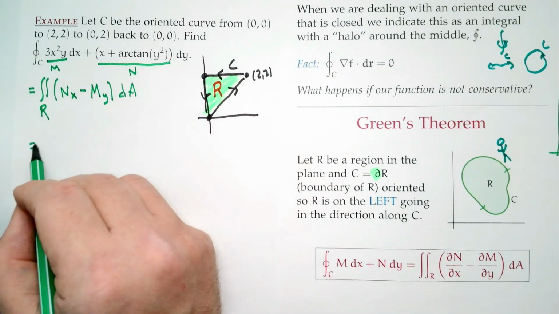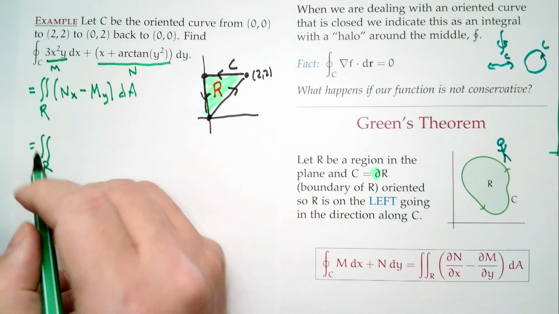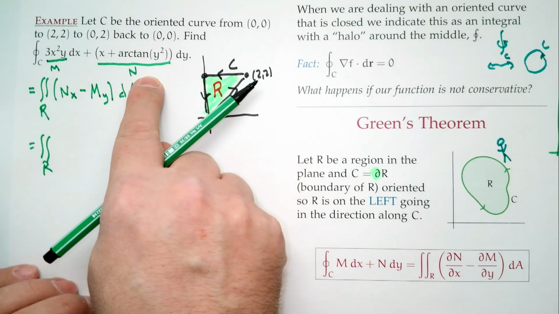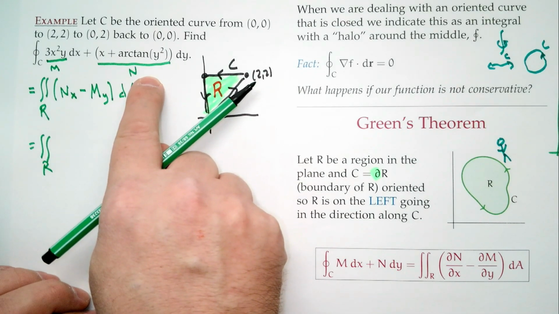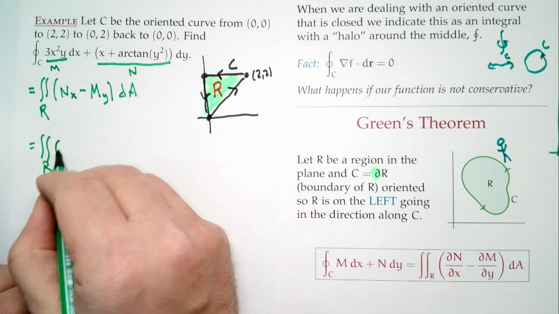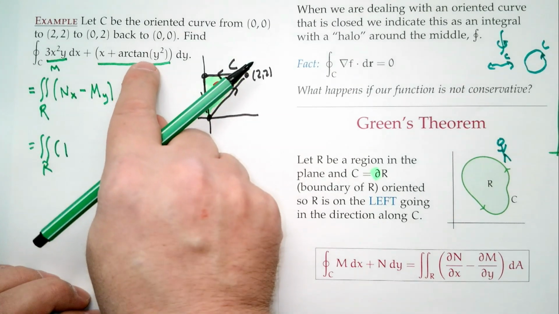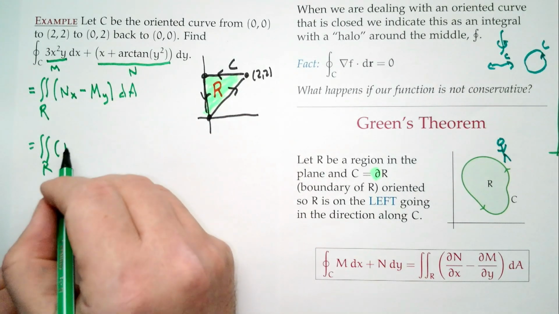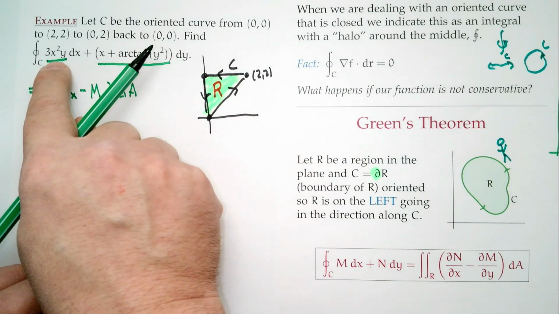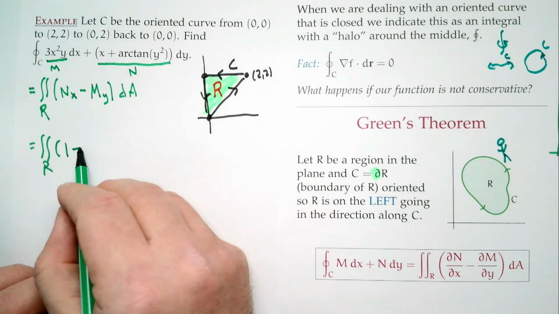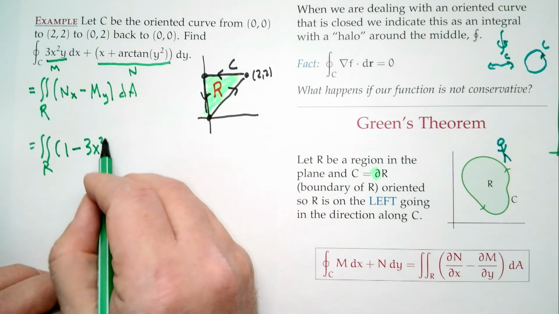Now in our case, what happens when we take the derivative of x plus arctangent of y squared with respect to x? What do we get? 1. This part, which made us nervous, is gone. Nice. What happens when we take the derivative of 3x squared y with respect to y? 3x squared, and we're subtracting that.